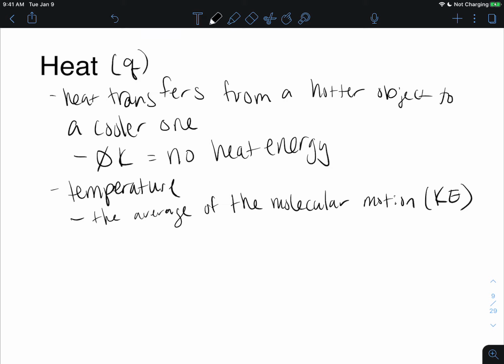You can have something that has a very, very high temperature but not a lot of heat, or something that has a very, very low temperature but a lot of heat. It just depends on the amount. So heat is extrinsic, depends on amount.